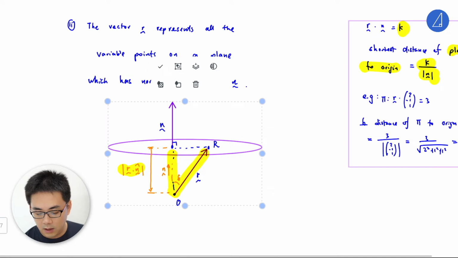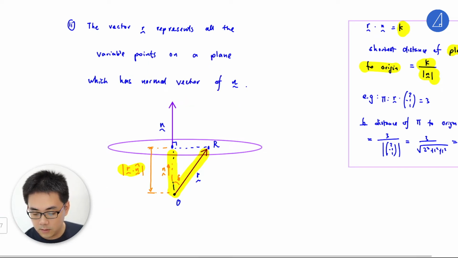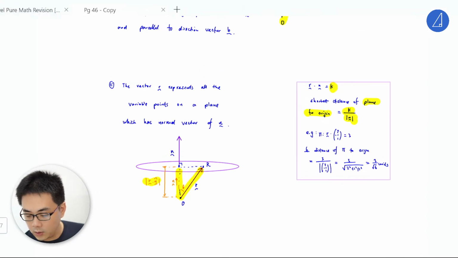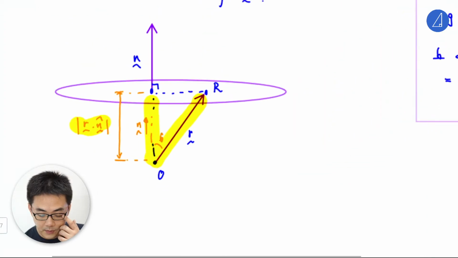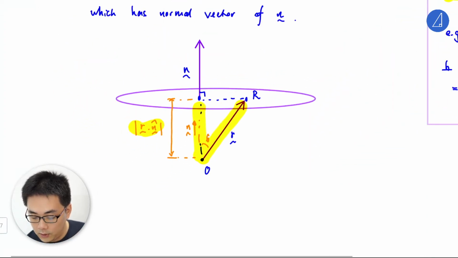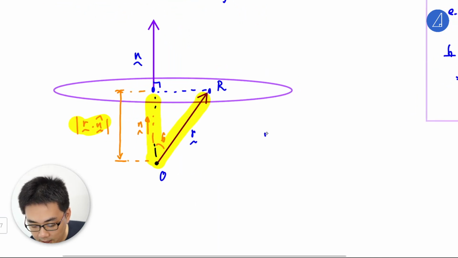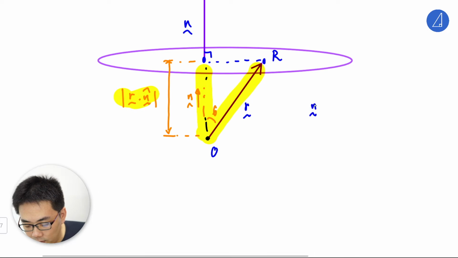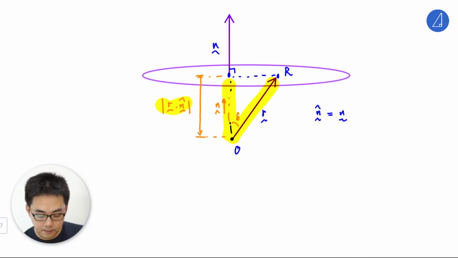This formula. Okay, but what is the twist of this question here? The twist of this question is the d. Like I said, n is a unit vector, so n over mod n is just n.